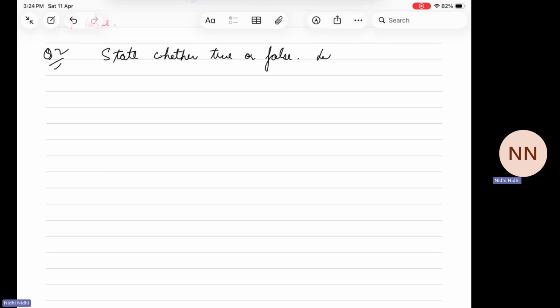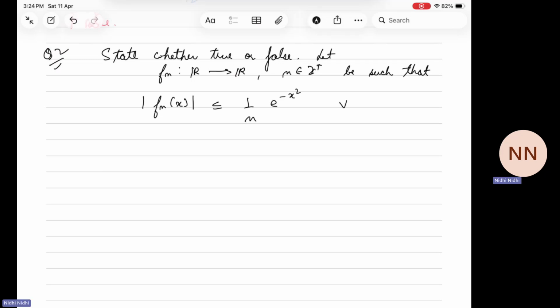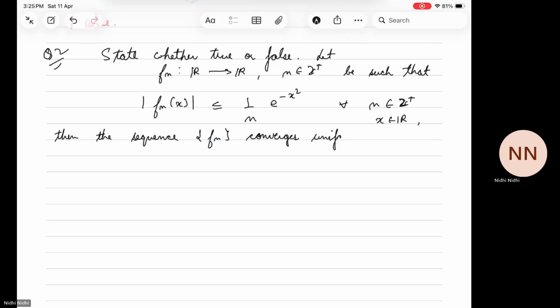Let f_n, a function from R to R with n being a natural number, be such that |f_n(x)| is less than or equal to (1/n) e^(-x^2) for every n in Z+ and x in R. Then the sequence f_n converges uniformly to the zero function.